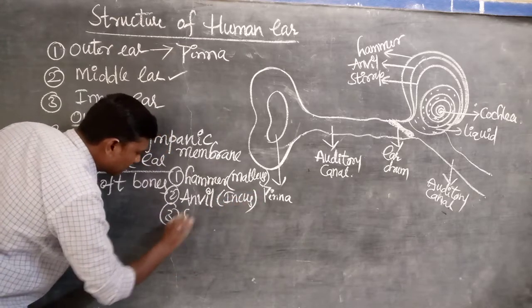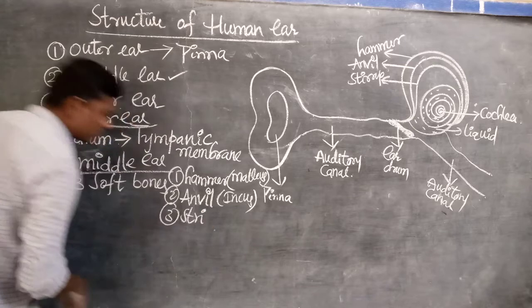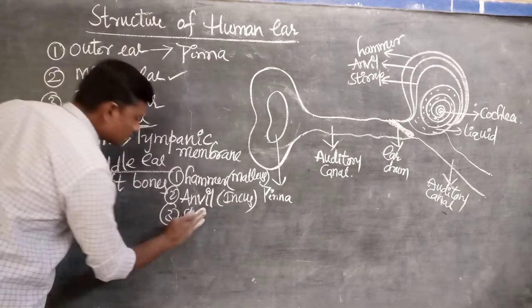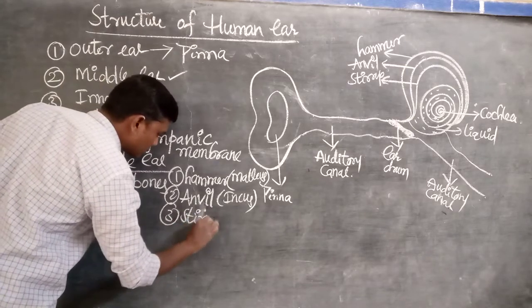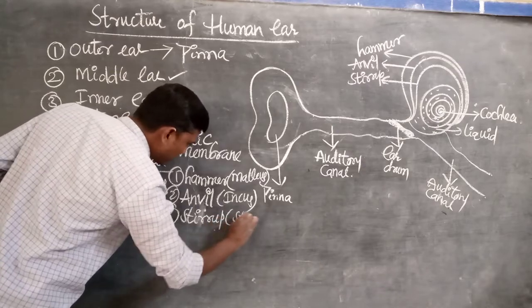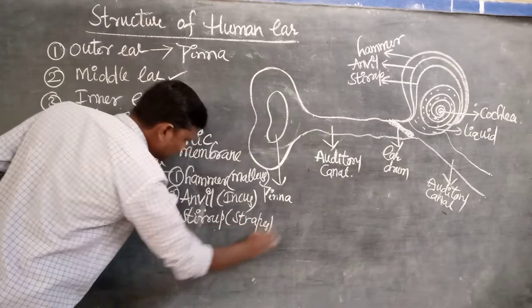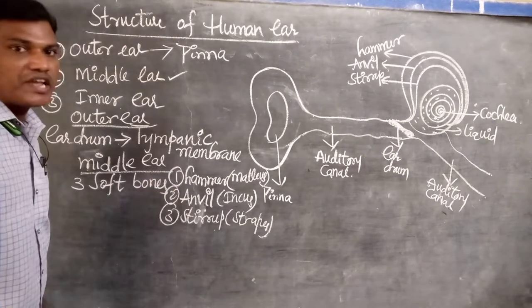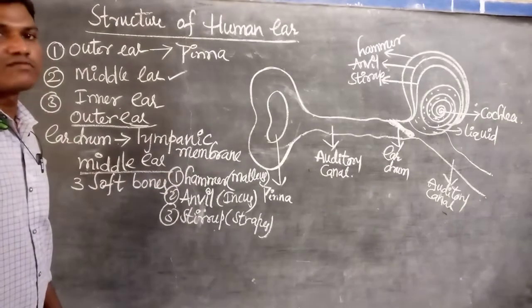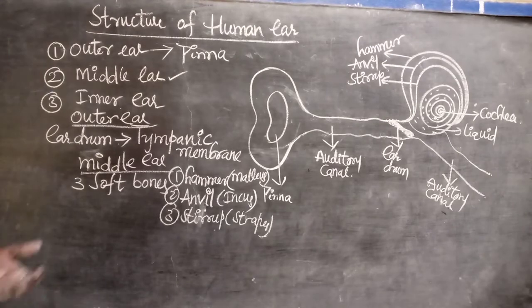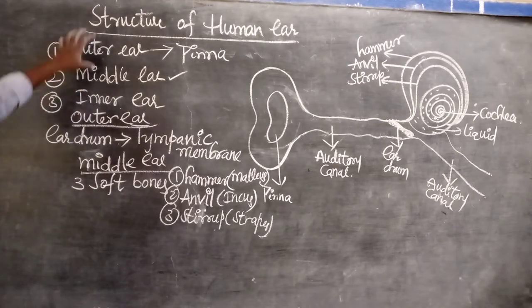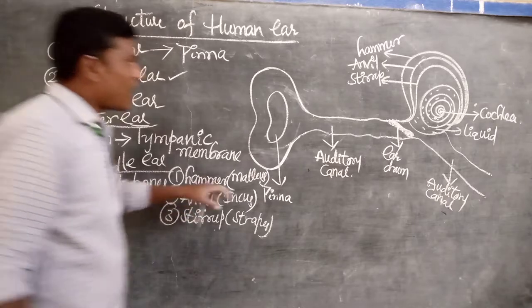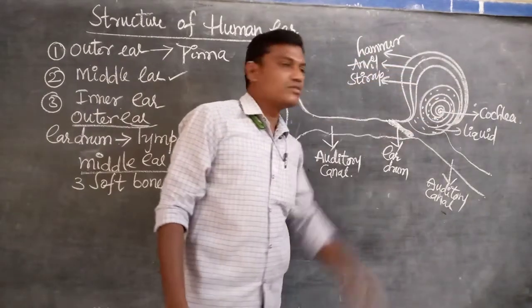Third one is the stirrup, called the stapes. These three soft bones also increase the frequency of the sound by nearly 30 to 40%. So listen, 30 to 40%, and again the signals are sent into the cochlea.